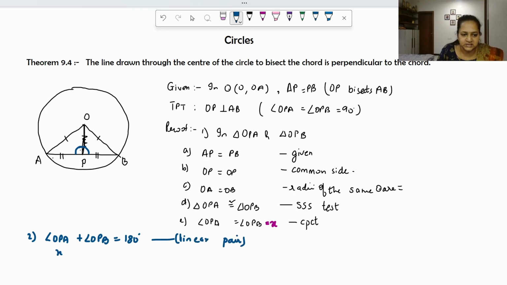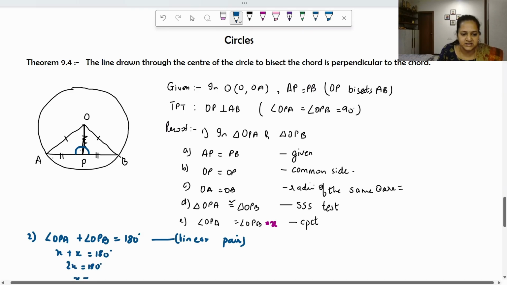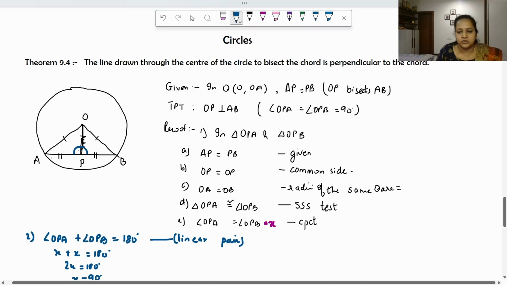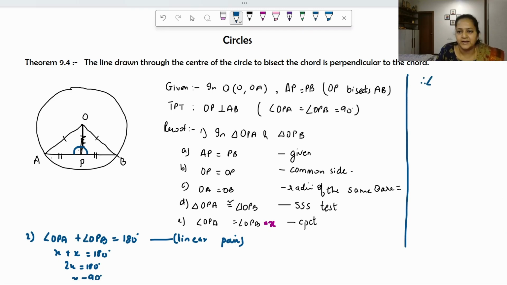We've taken OPA as X, OPB is also X, the sum is 180. 2X is 180. So can we write X is 90? Therefore, angle OPA equals angle OPB, which we wrote as X is 90. And therefore, can we write that OP is perpendicular to AB? Yes, we can, because the angle is 90.